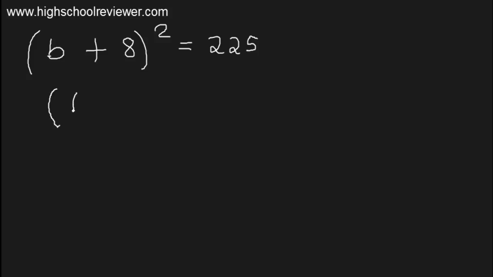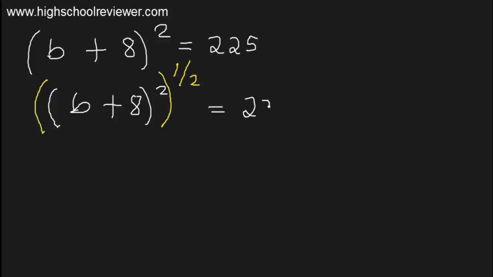So this will be b plus 8 raised to the power of 2. So we are going to take that as 1 unit, and then we are going to raise it by 1 over 2. Okay, same is true on the right side. So we will have here 225, and we need to raise this to 1/2.